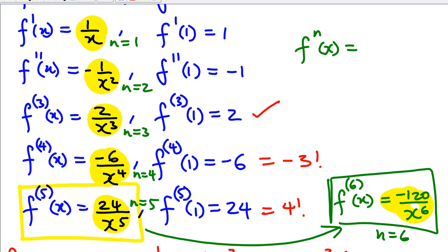Let's start first of all with the denominator. Let's start with the easy one. The denominator is x to the power 1, x to the power 2, x to the power 3. So that will just be x to the power n. Does that make sense? x to the power n for the nth derivative.